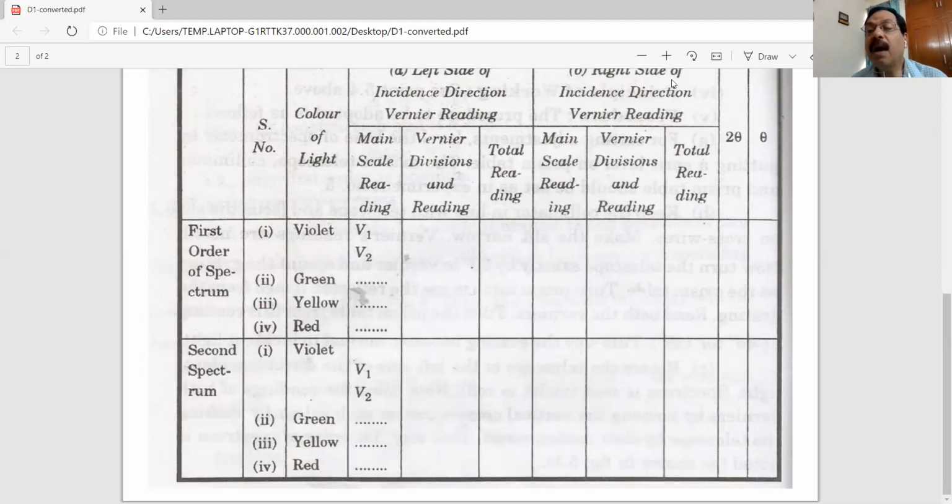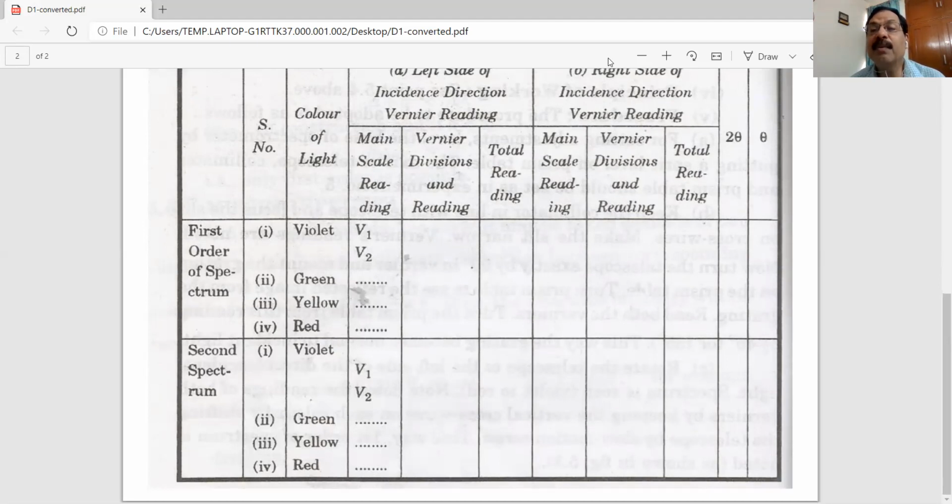Okay, now, calculating the value of theta from this table, I will calculate the wavelength of prominent lines of mercury source for violet color, green color, yellow color, and red color.